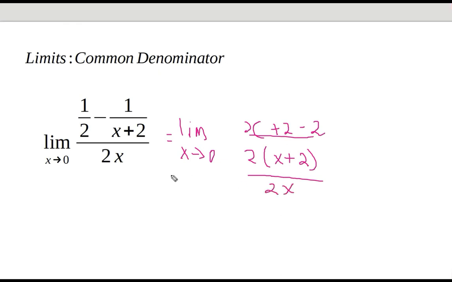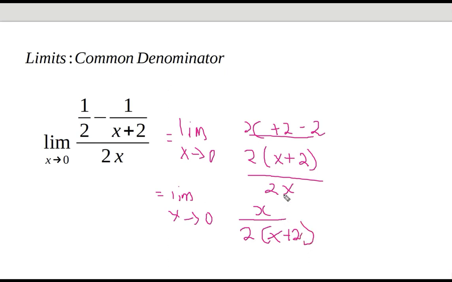Now we go on and simplify again. We have the limit x approaching 0. This 2 cancels the 2 to give us 0. So we have x now divided by 2 into brackets x plus 2.